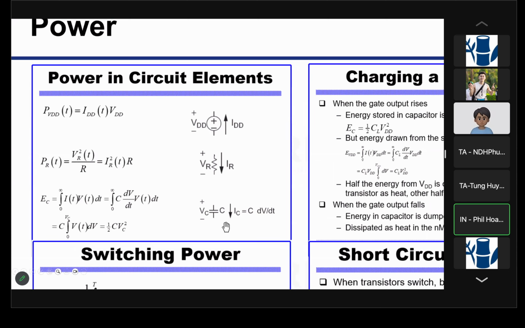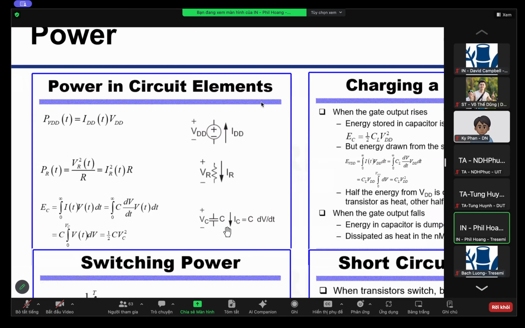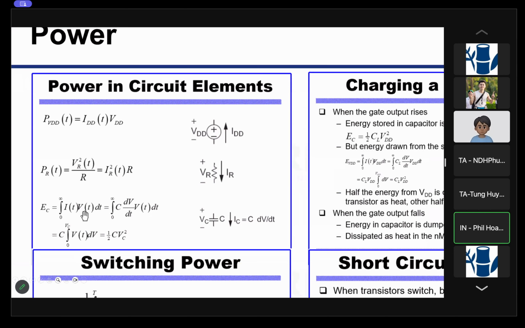And the energy that is needed to charge a capacitor is the integration of I times V dt, or C dV/dt times V dt.